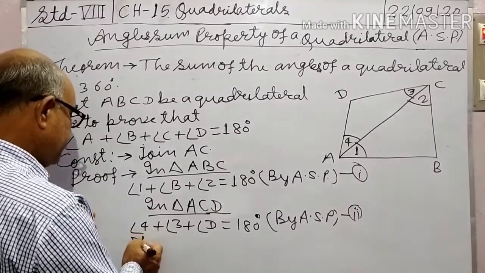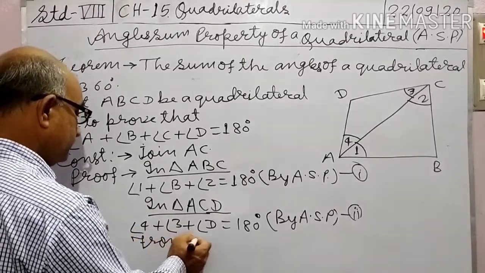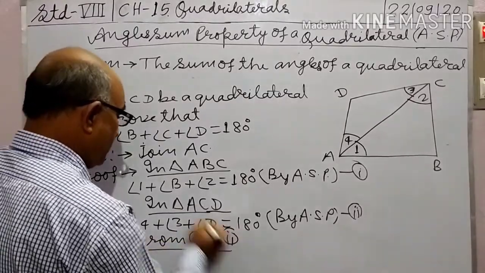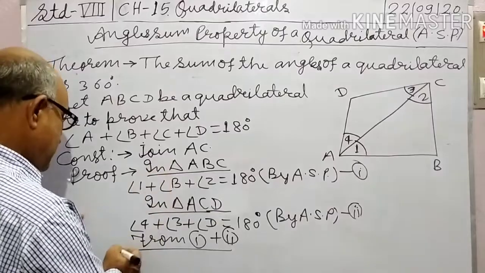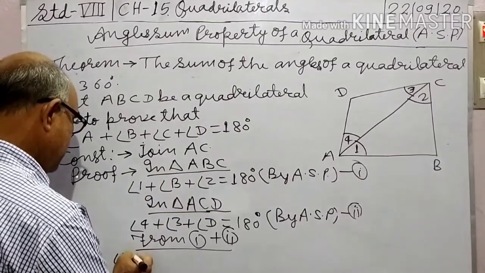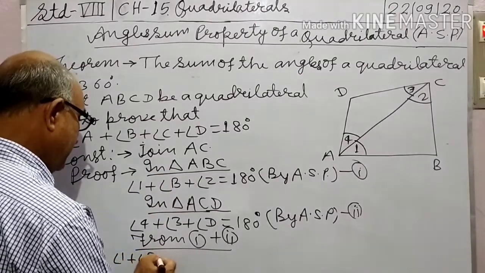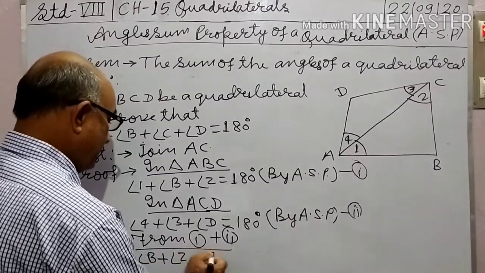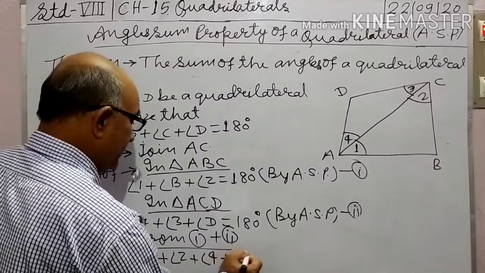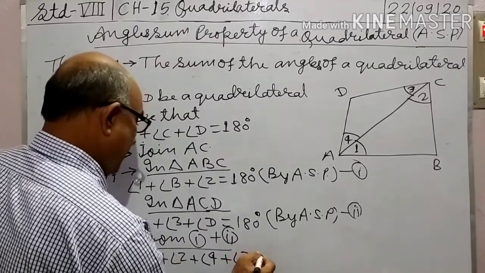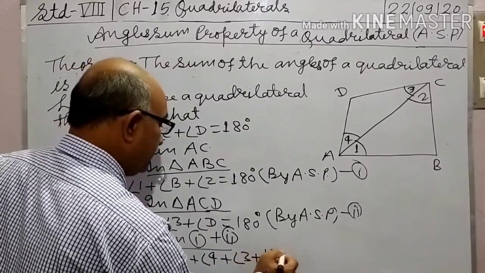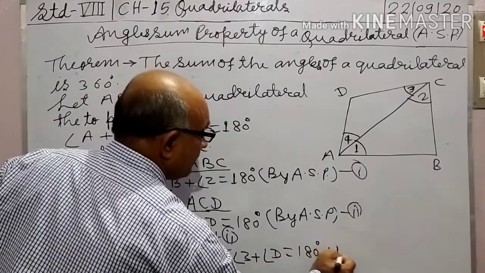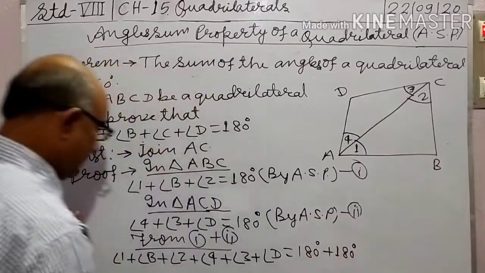From equation 1 plus equation 2, adding both equations: angle 1 plus angle B plus angle 2 plus angle 4 plus angle 3 plus angle D equals 180 degrees plus 180 degrees.